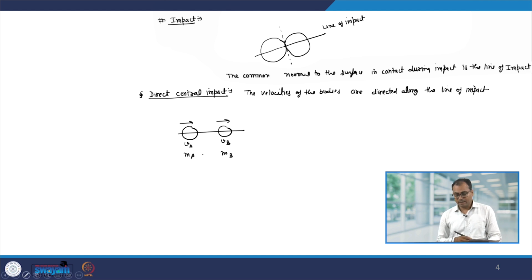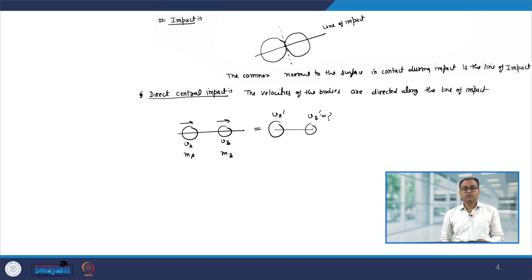Then for the impact, V A has to be larger than V B, and after the impact the velocity of body A is, let us say, V A prime, and the velocity of body B is V B prime. Then the question was, what are these velocities? And for that, because there are two variables, we need two equations, and one equation comes from the definition of coefficient of restitution.